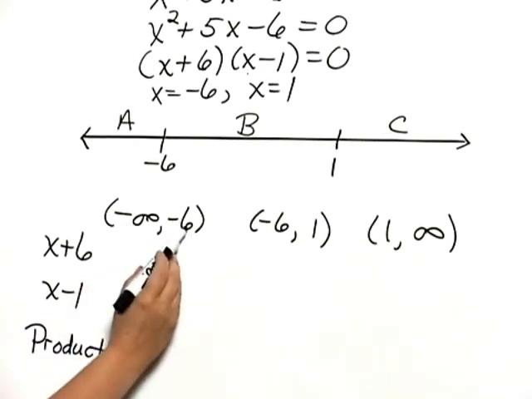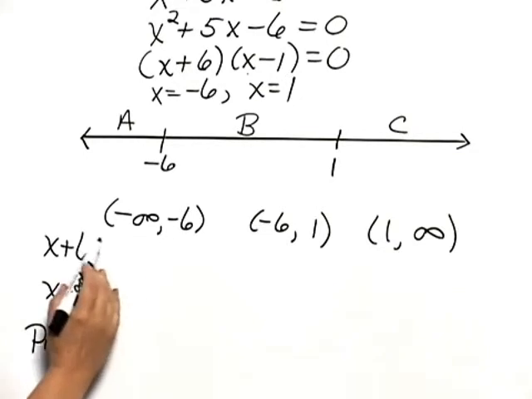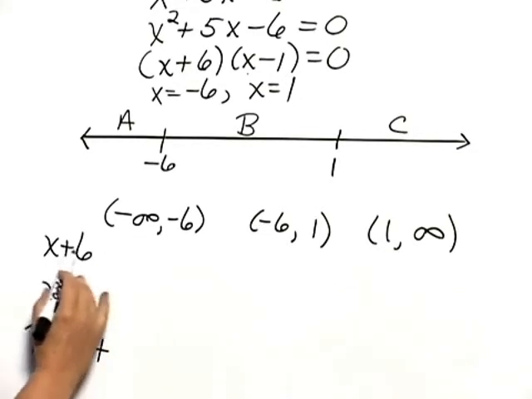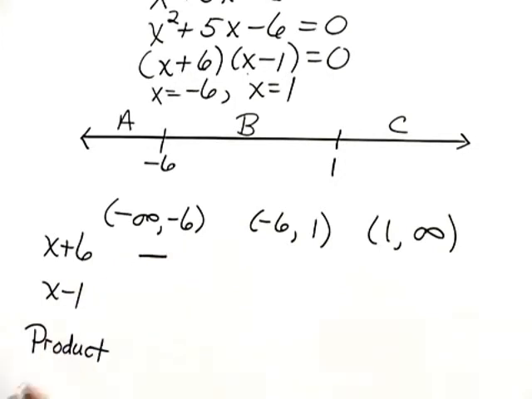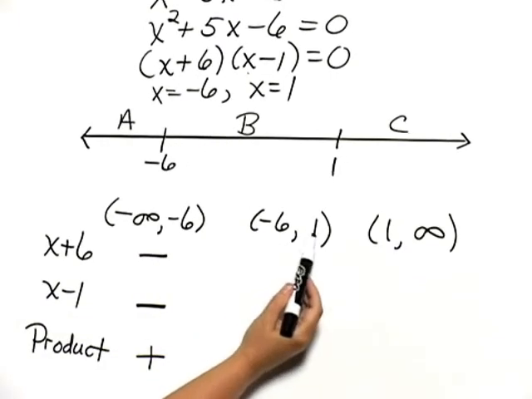In here, we have x less than negative 6. Well, when x is less than negative 6, this factor will be negative. Here, when we have x less than negative 6, this factor will also be negative. And then the product of the two negatives will be positive. Let's think here for x between negative 6 and 1.